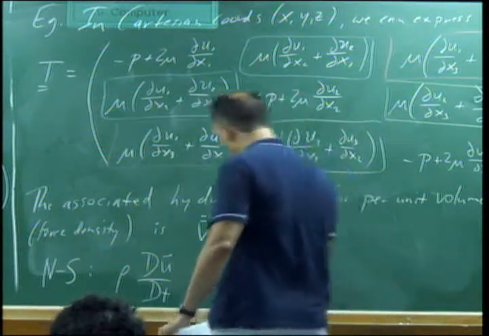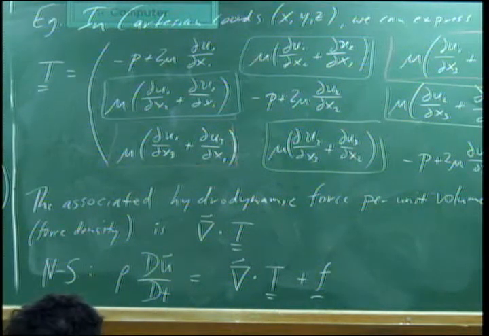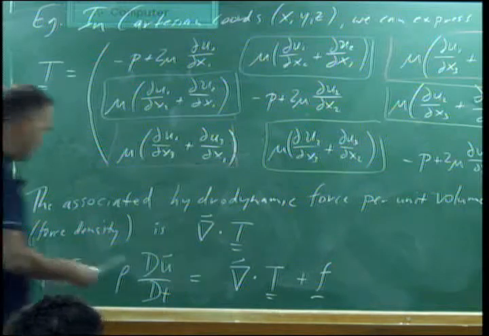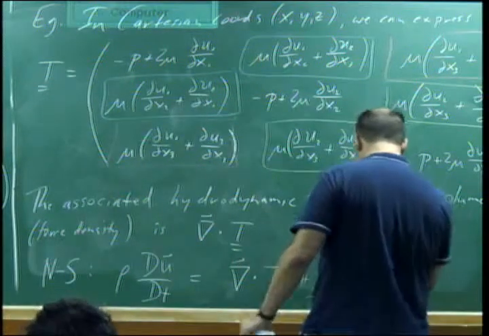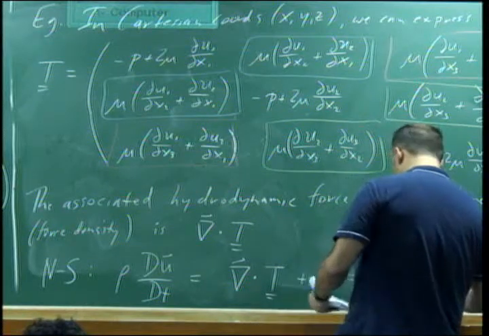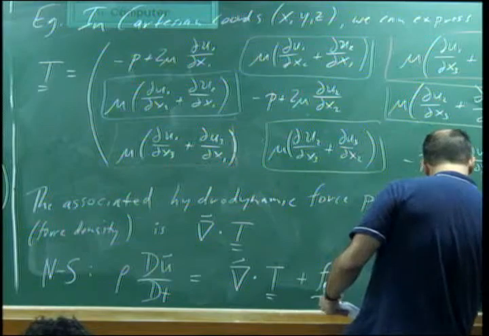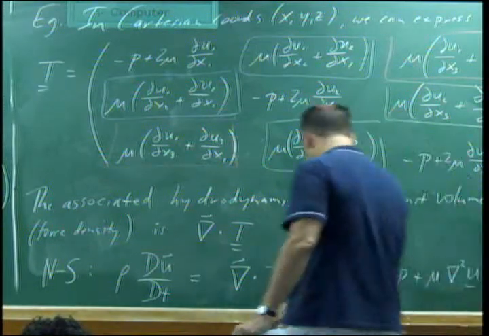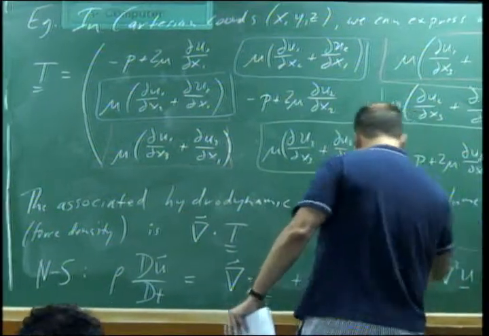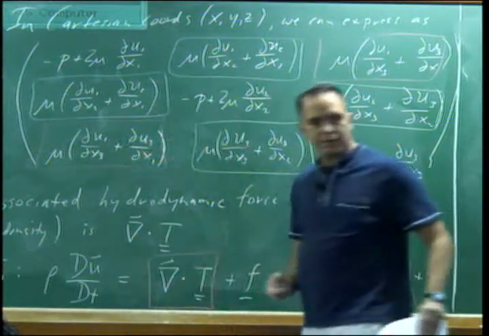If you expand this, if you take the divergence of this, you get the other two terms in the Navier-Stokes equations. These give the first two. So these two terms are simply the divergence of the stress tensor.